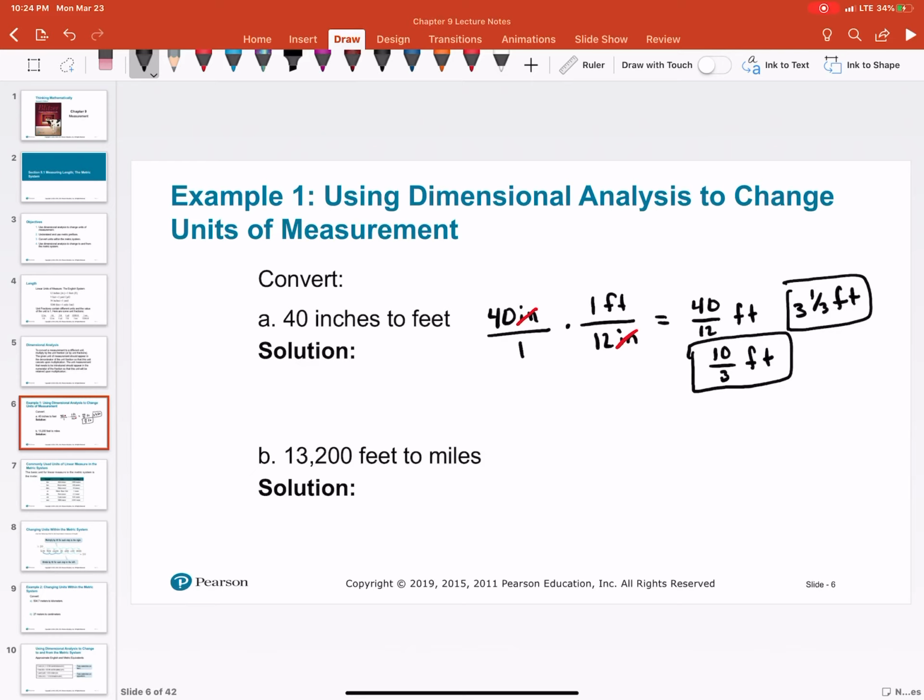So take a second and do the second problem. We have 13,200 feet over 1, times 1 mile per what? 5,280 feet.